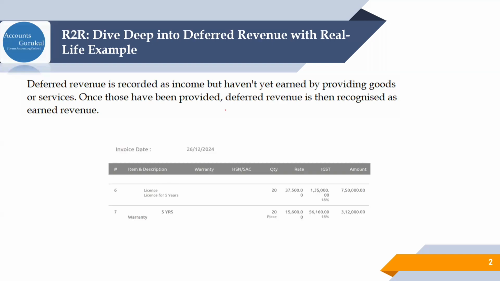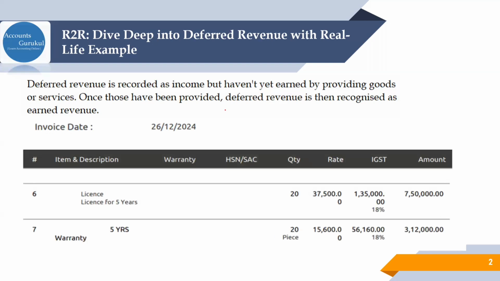Giving an example here, this is a real life scenario. Invoice date is 26th of December 2024. Two items are added over here. One is a license for 5 years. Second is a warranty for 5 years.